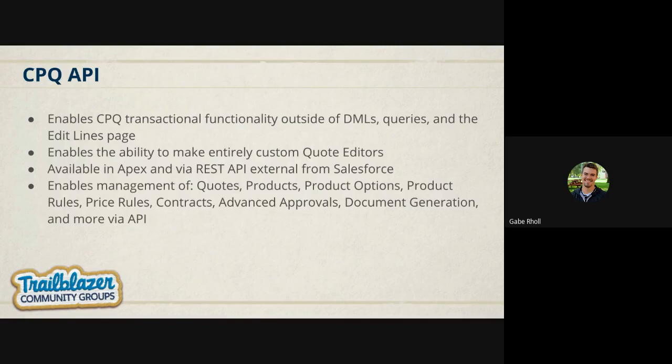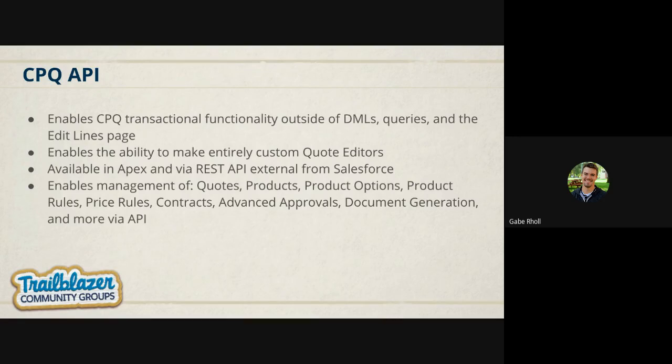So it's quite robust, but pretty poorly documented, unfortunately. It enables you to do quite a bit. You basically can create your own quote line editor interface, edit lines interface, completely custom using these tools that are available to you. And so you can do that within Salesforce.